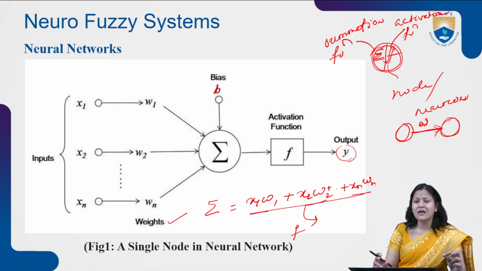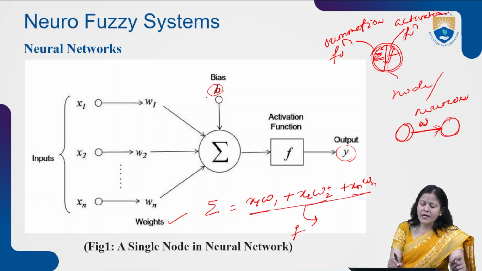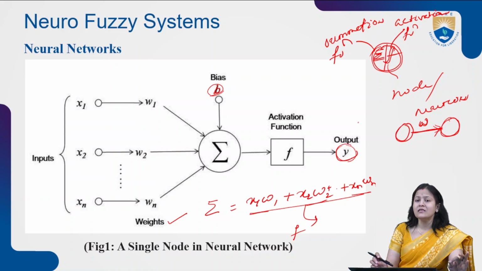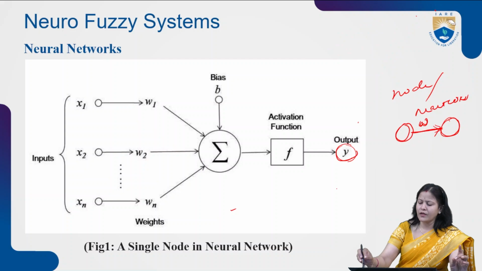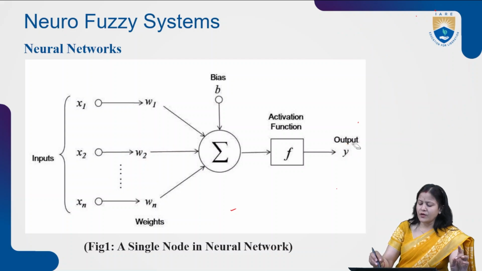So to minimize that error between the output which we get from the network and the targeted output, we add some bias to the inputs, so that the error between the targeted output and the original output will be minimized. That is why the bias is used in neural networks. So this is the description of a single neuron in an artificial neural network.